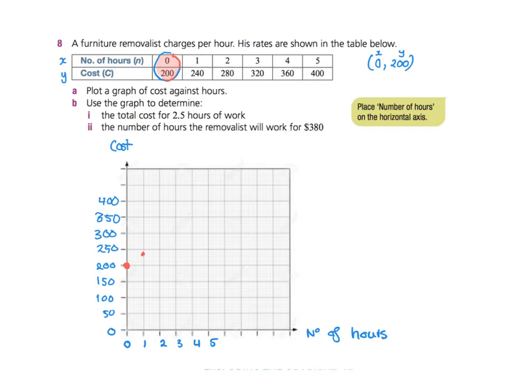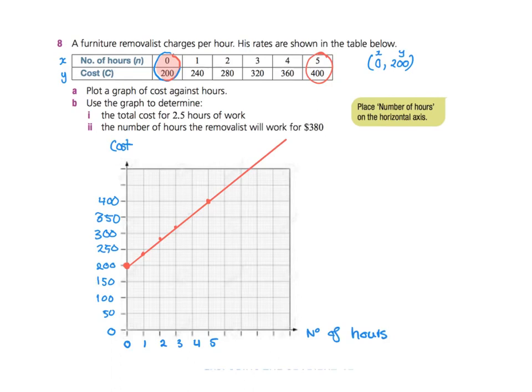So that was this one. When they work 2 hours, it's 280. So that'd be around here. 3 hours, 320, and so on. And then I'm just going to skip to the 5 hour one. When it's 5 hours, it's 400. And then you just get your ruler. Again, line the dots up, draw your line, and you can leave it like that.